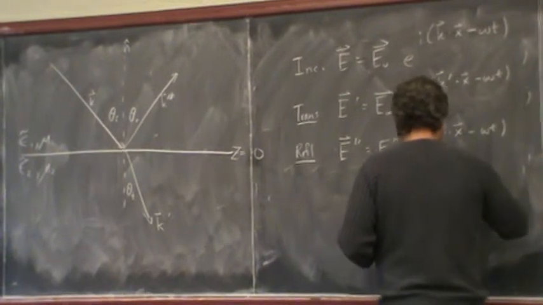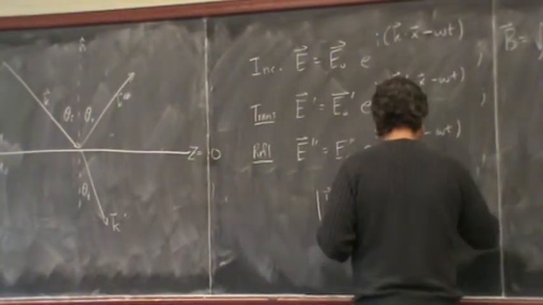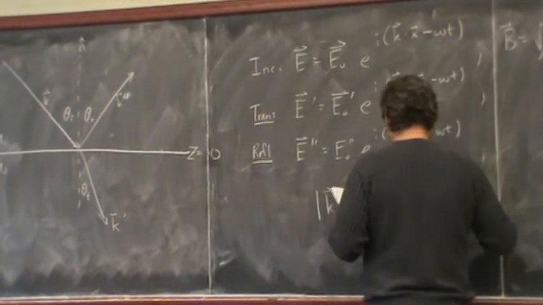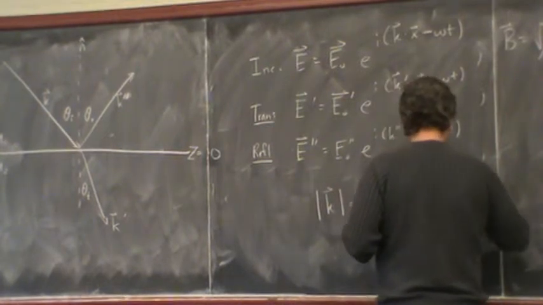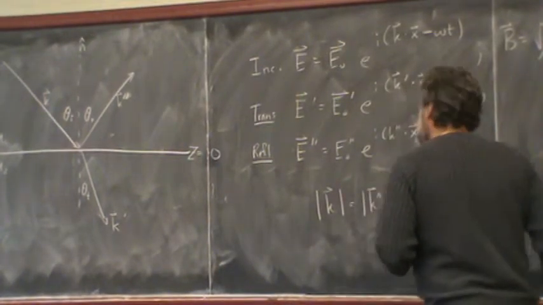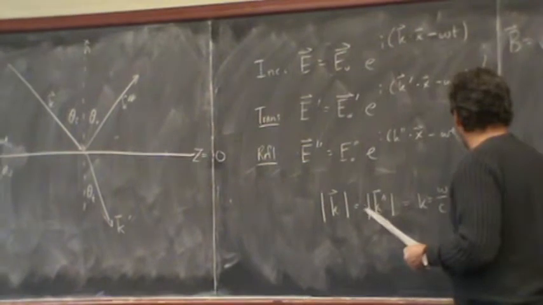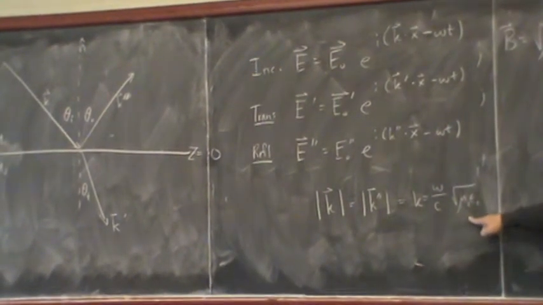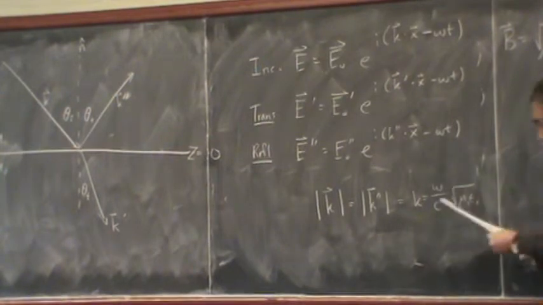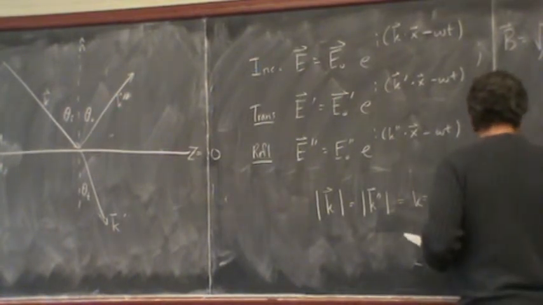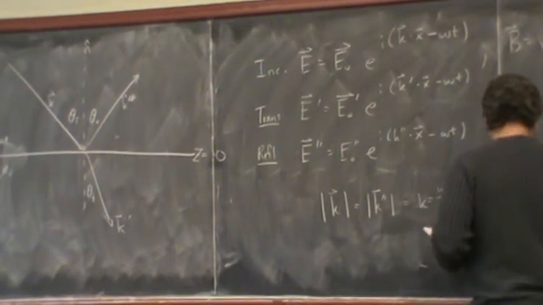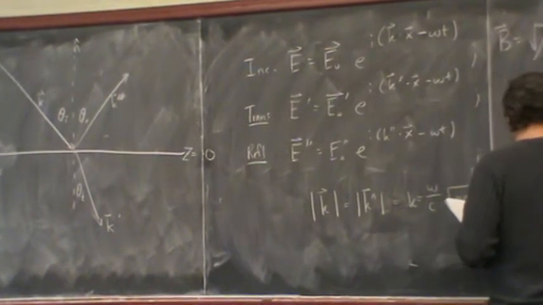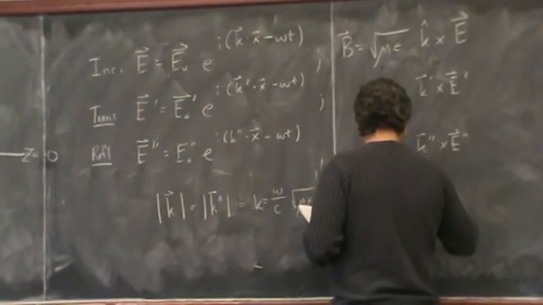And so we'll just call that K, and that's omega over c square root of mu epsilon in the top material, 1. That can be complex. But we're not going to treat it that way yet. I'll just take that to be real.